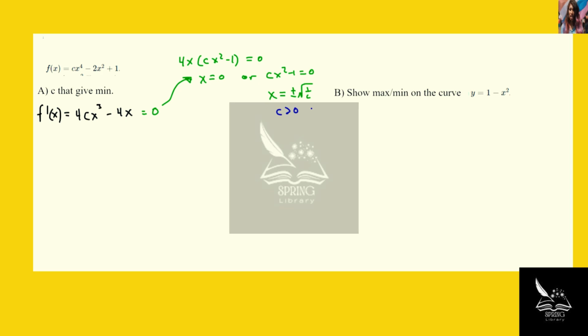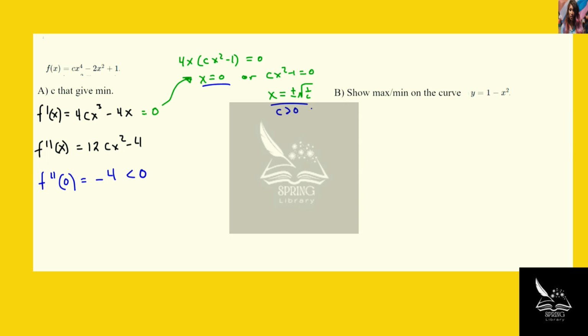All right, so let's use the second derivative test to determine if these three values we have here are minimums or maximums. So the second derivative will give us 12cx squared minus 4. Let's just plug in x is equal to 0, and x is equal to plus or minus the square root of 1 over c. So f double prime of 0, we plug in 0, we get negative 4.